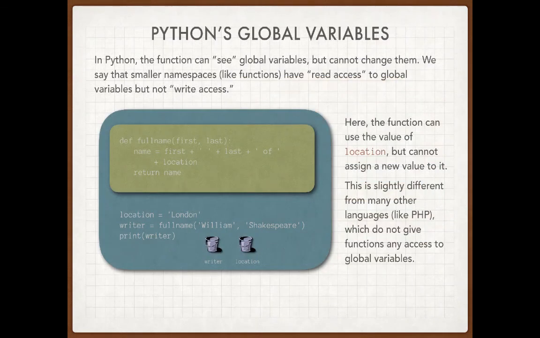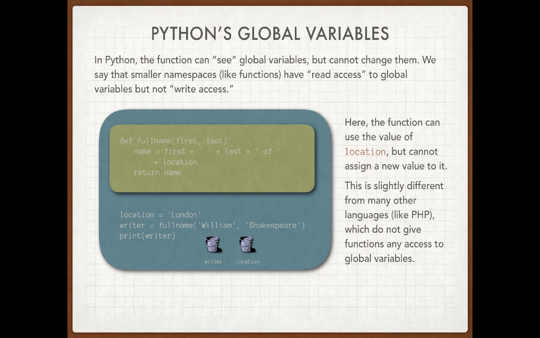Now, Python has one little wrinkle that maybe some languages don't do, which is that the dark green box here, my main script, cannot see any of the variables inside the lighter green box of the function. True.